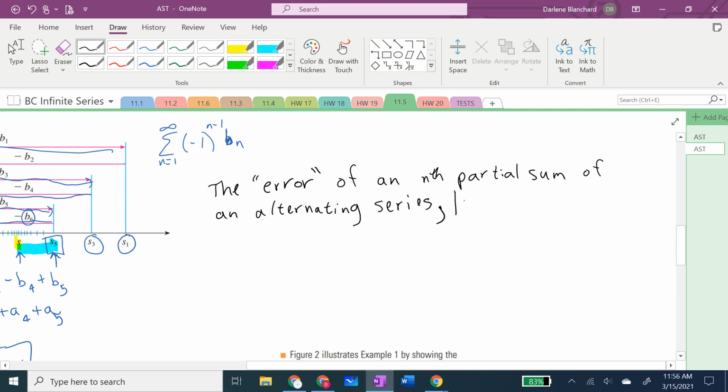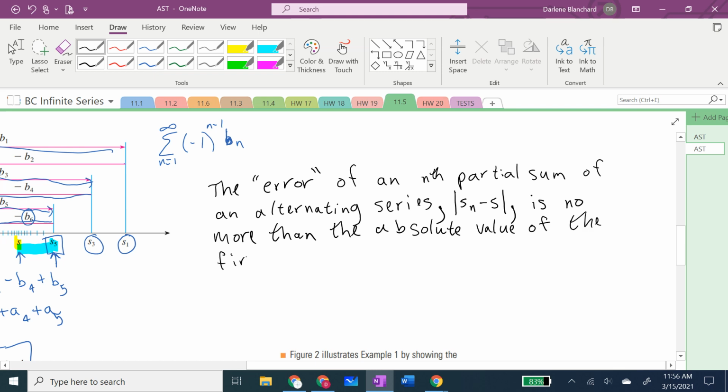This is the absolute value of your nth partial sum minus your actual sum. Is no more than the absolute value of the first omitted, and I always forget whether it's two M's or one. I think it's one M. That looks wrong.